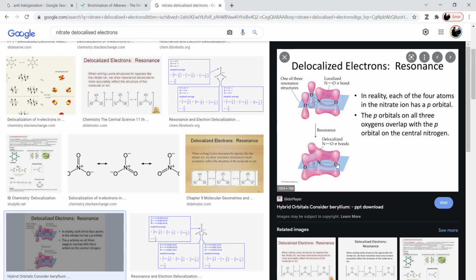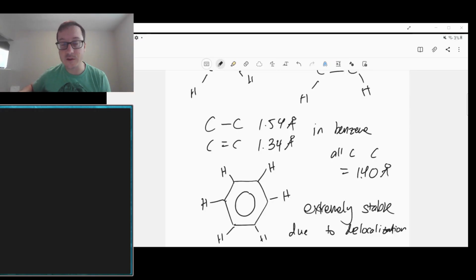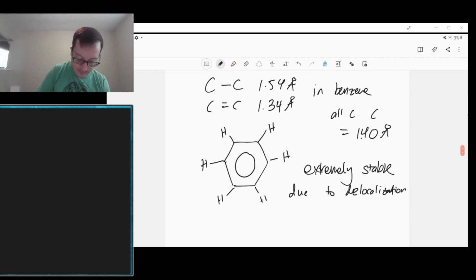Even though we might draw one of them with a double bond just because that's the way we typically do things to show octets. But in reality, we have this delocalization happening. And so this is a good reason that nitrate is very stable as compared with other compounds. So we'll see the reasons for this in other courses. But suffice it to say that we can classify things as localized or delocalized. And that's the idea here.